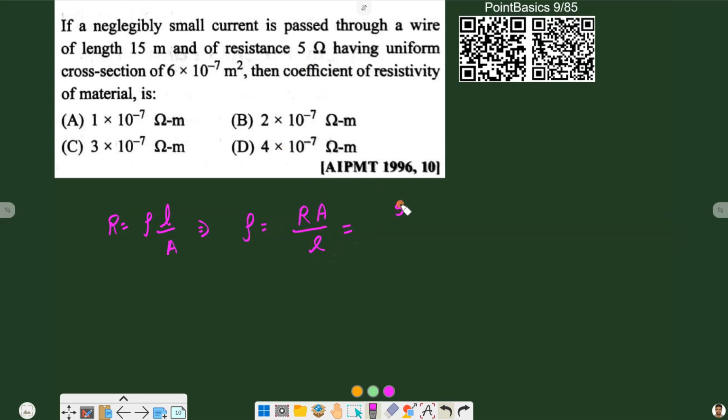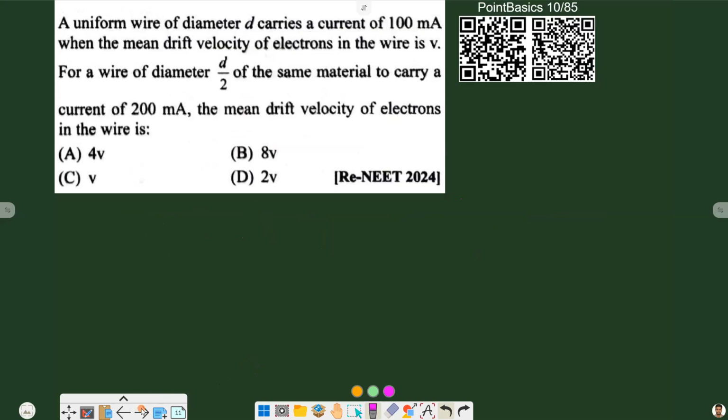R is 5, area is 6 into 10 raised to power minus 7, and length is 15. So 3 and 2, 2 into 10 raised to power minus 7. Option B will be the right answer. Moving to the next one.